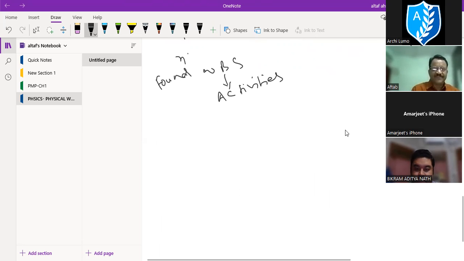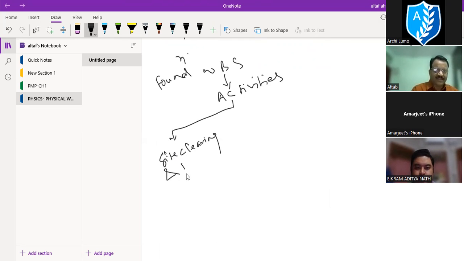Your first activity in any project, as I detailed, is site clearing and leveling, along with grading or whatever may be. So site clearing is your first activity. Again, what may be your activity?